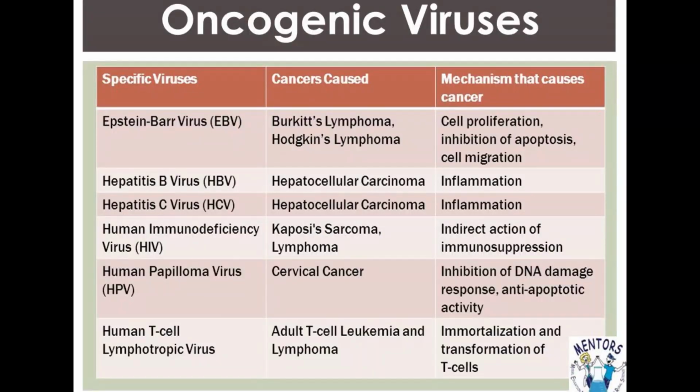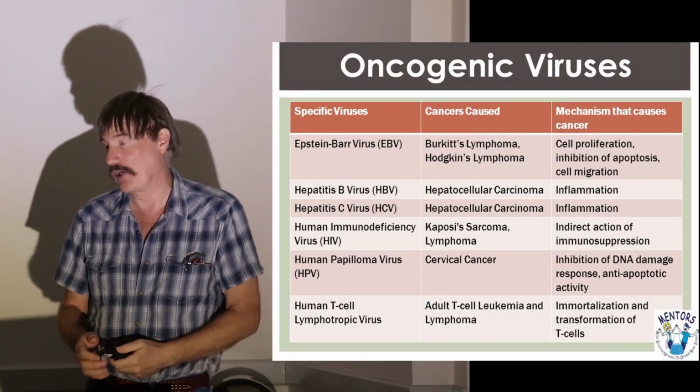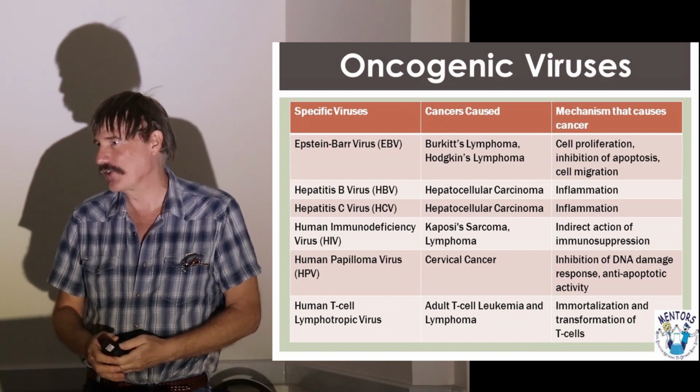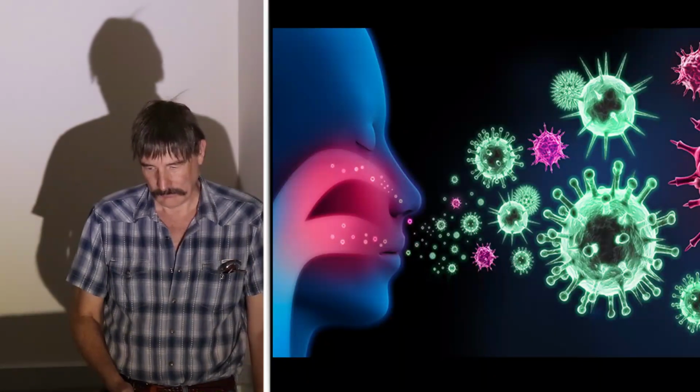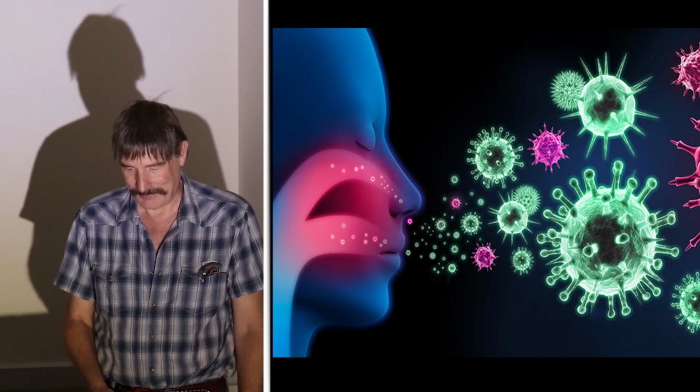Okay, so anyways, I wanted to impress upon you that viruses and cancer are heavily linked together. And we're finding more and more about how viruses cause cancer. So there's lots of oncogenic viruses, and we're finding more all the time. But today I know you want to talk about respiratory viruses, right?